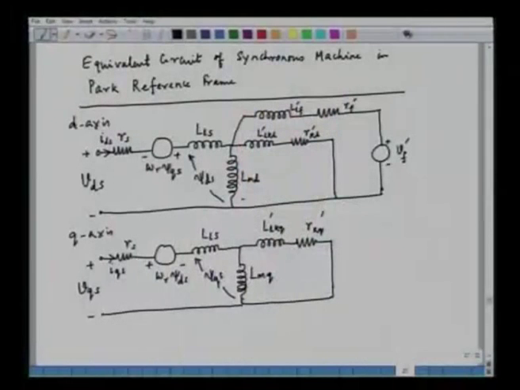This is the damper winding flux linkage psi kd prime as seen from the primary side, which consists of the damper leakage flux. This is your damper current IKD prime, and this is the field flux linkage psi f.